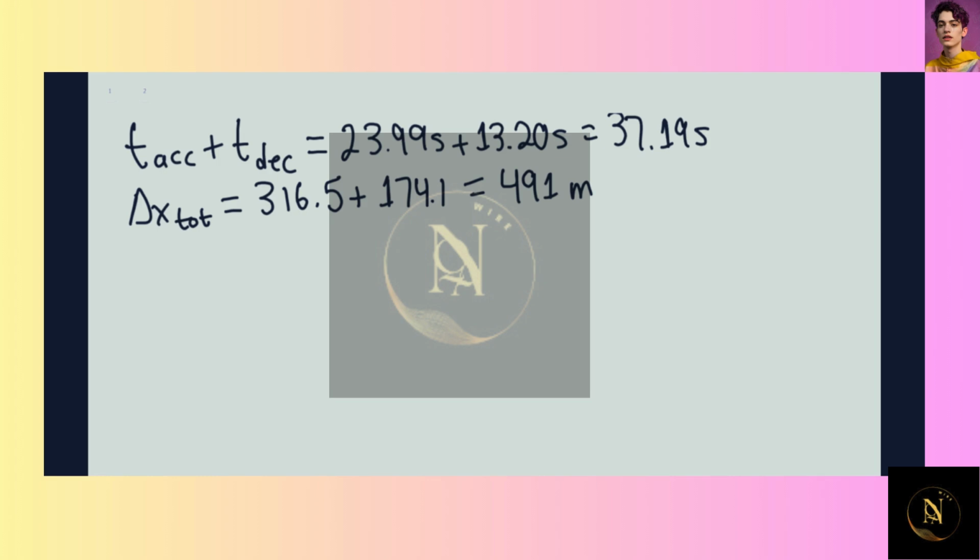Now, for part A, we know that the stations are spaced 1,800 meters apart, or 1.8 kilometers. So we can say stations are 1,800 meters apart.